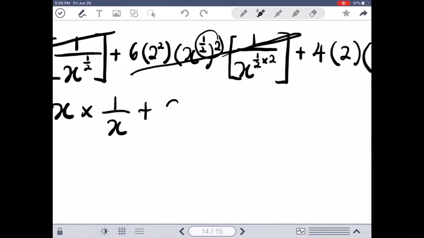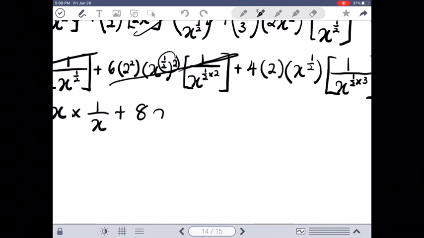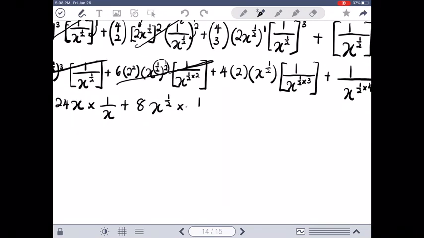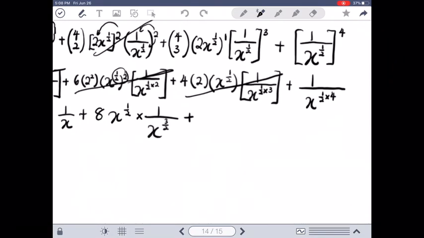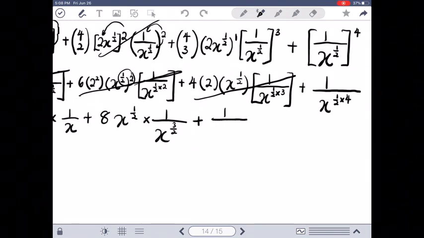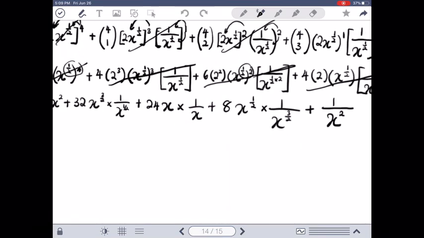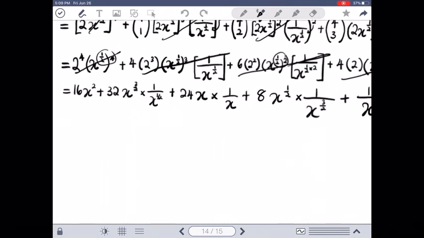Next term, 4 times 2 is 8, x to the power of 1 over 2 multiplied with 1 over x to the power of 3 over 2. Plus, so done with this term. The last term is 1 over x to the power of 4 divided 2, x to the power of 2.